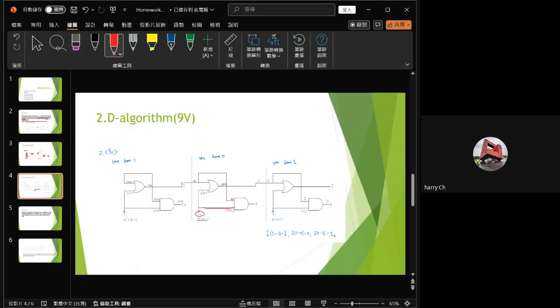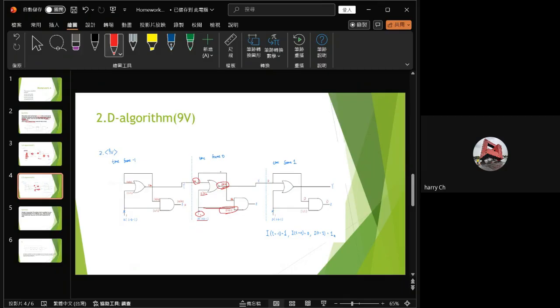But we find the D prime, and need to propagate. So D prime and the other one do the NOR gate as a D here. And we find this circuit can propagate the fault.